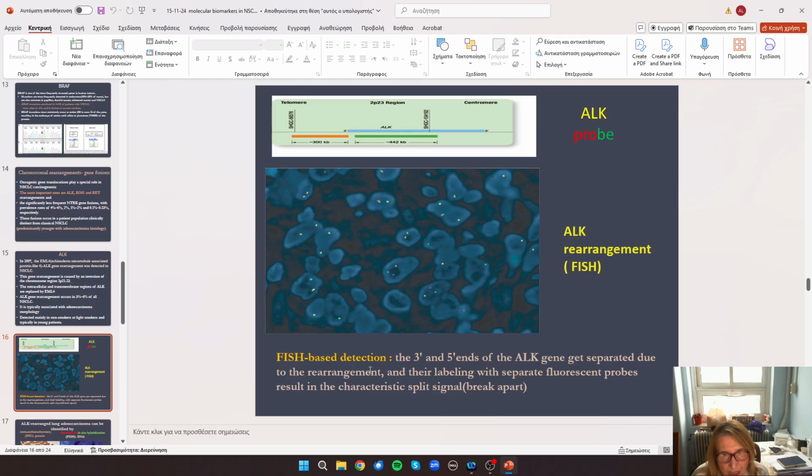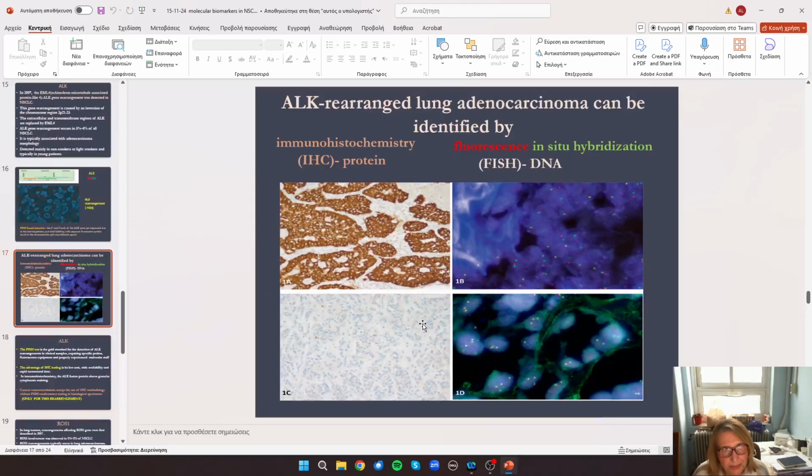FISH methodology is applied in order to detect rearrangements for all genes we are interested in. So, in this picture, the right images correspond to fluorescence in situ hybridization, and the left images correspond to immunohistochemistry.